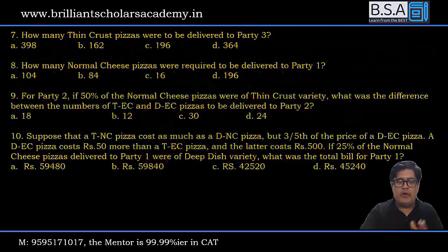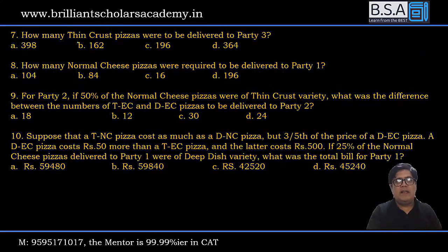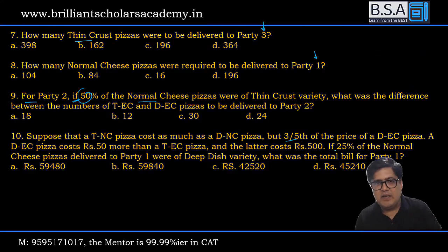When you look at these questions: how many thin crust pizzas were given to party 3? How many normal cheese pizzas were given? For party 2, 50% was normal cheese and so on. Suppose that the price of this was 3/5 and so on, some information. Do you see all the answer options are definite?